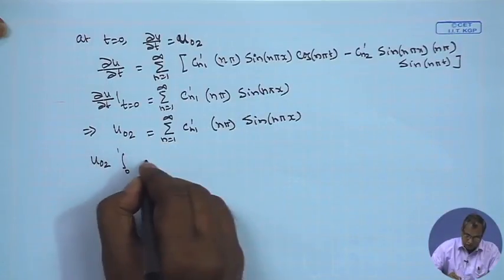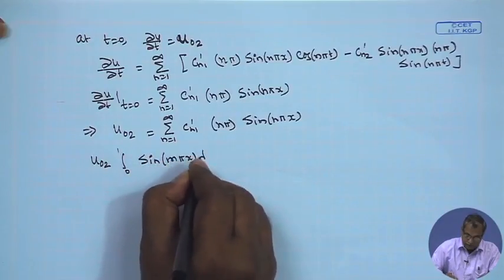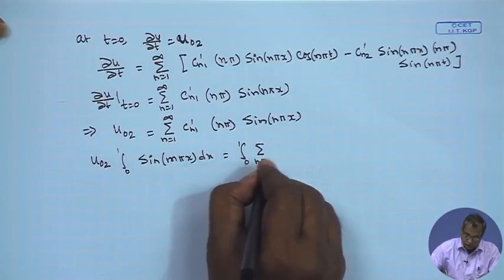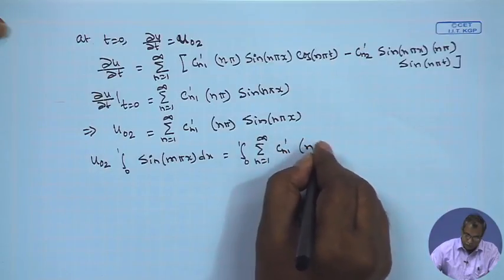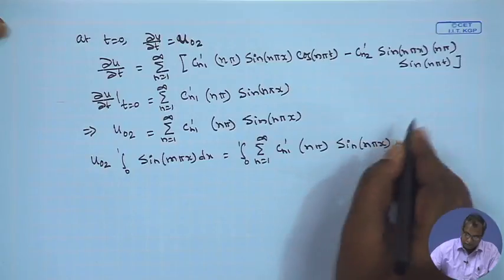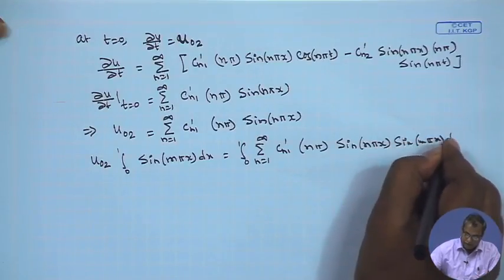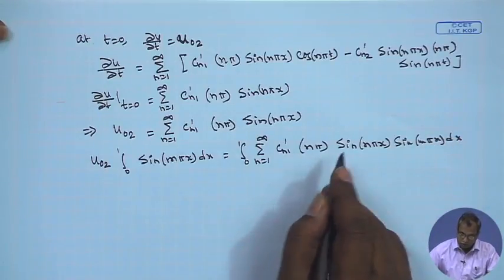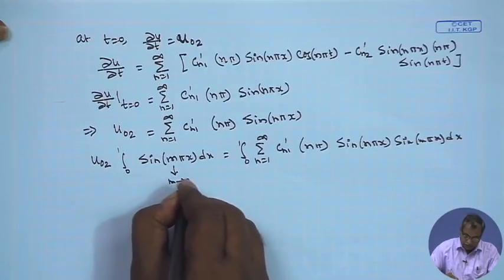So, this will be 0 to 1 sin m pi x dx is equal to 0 to 1 summation n is equal to 1 to infinity C n 1 prime n pi sin n pi x sin m pi x dx, and only one term will survive, all the other terms will vanish because of the orthogonal property of the sine function. Then I change the running index m into n.